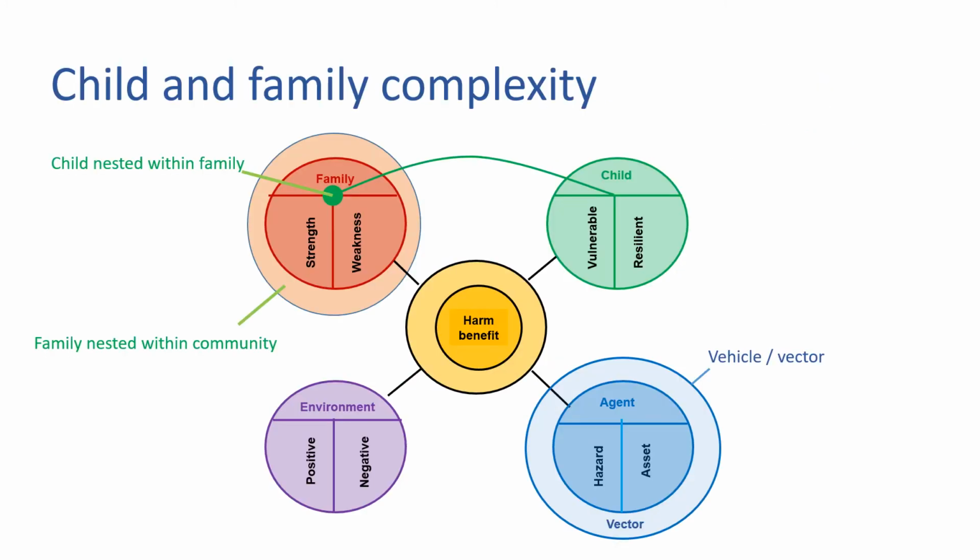The health of the child cannot really be completely separated from the health of the family. But in this diagram I've isolated the child from the family as there are some child-specific factors that need to be considered. I've used the terms vulnerable and resilient when referring to the child and strengths and weaknesses when referring to the family.